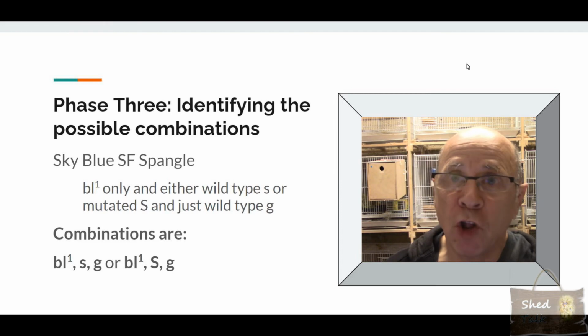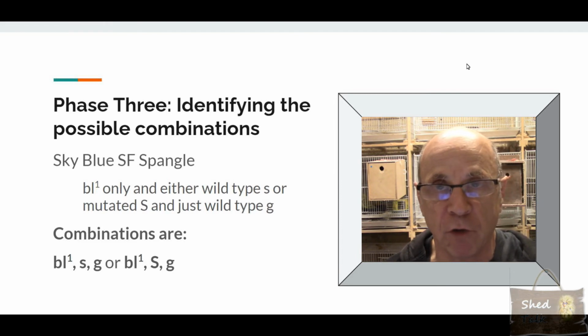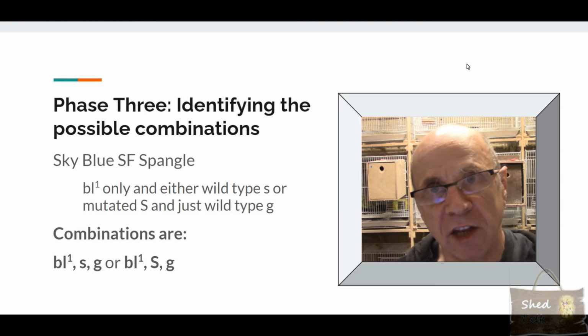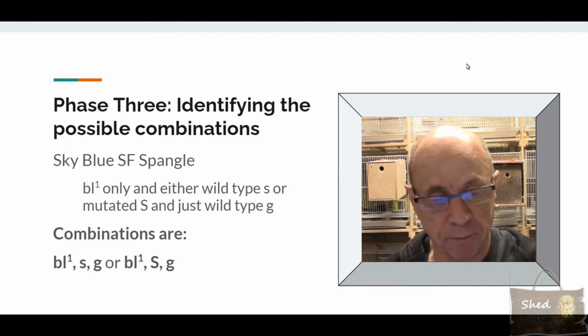So those are the possible combinations. So there are only two possible combinations that he can pass on to his offspring. Let's now consider the single factor grey-green split for blue.